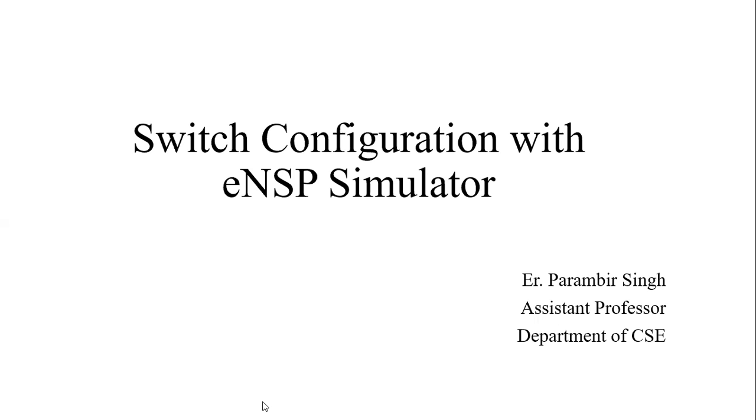Third, we have to apply an STP protocol, whether RSTP, the rapid spanning tree protocol, or the spanning tree protocol. Fourth, we have to display the STP configuration. The next step is to test the connection, whether our connection is completely established with our destination. And the last step is to save the configuration.